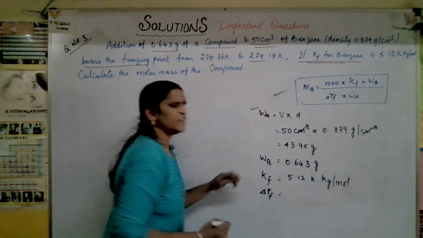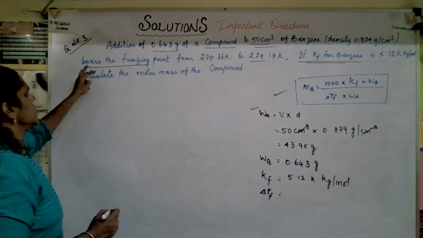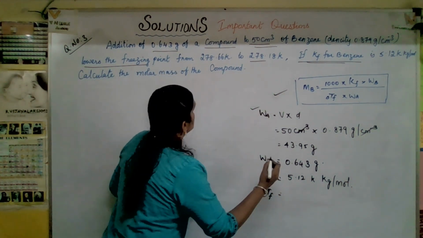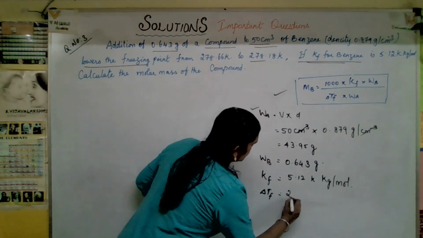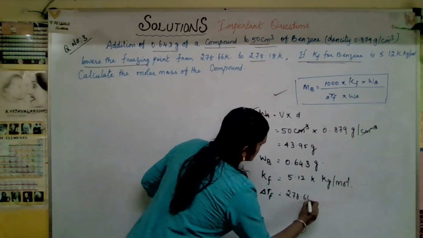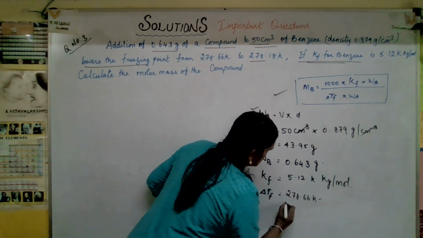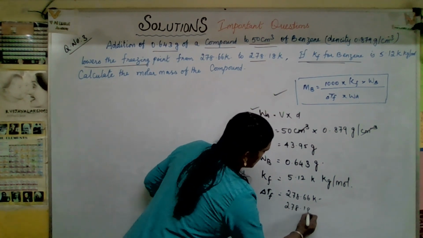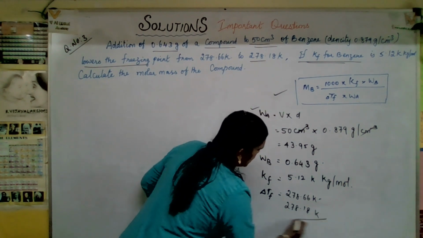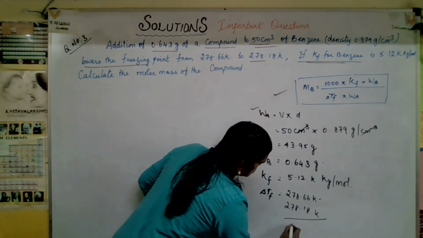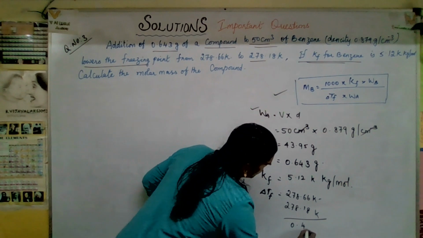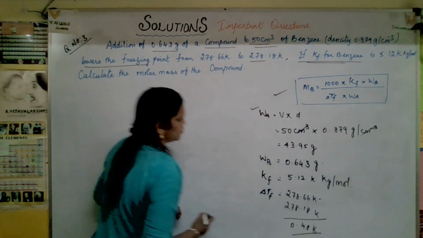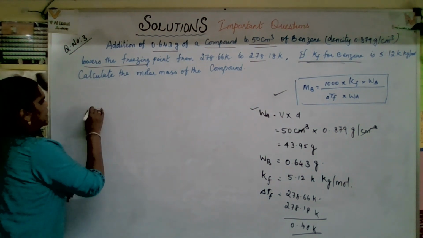So delta TF is actually the reduction. It lowers the freezing point from 278.66 K minus 278.18 K. Right? So what value do you get? 0.48. Right. Okay.